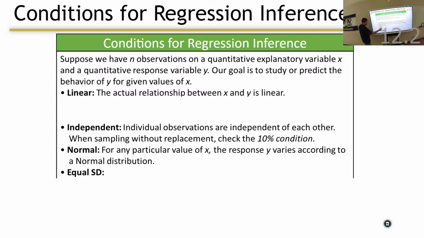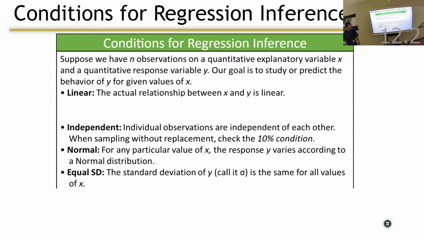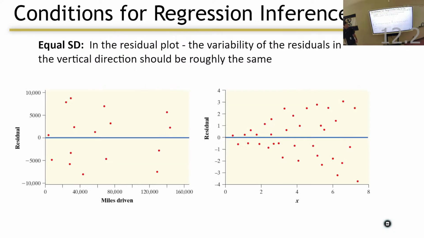We need equal standard deviations about the line on the residuals. The residuals need to be equidistant from the line. This is a good one. All these residuals are pretty close, scattered. This one's bad. They start off with fairly small residuals and they end up with very large residuals.